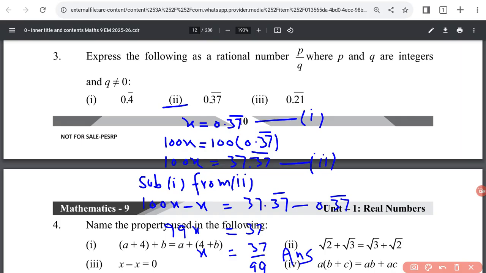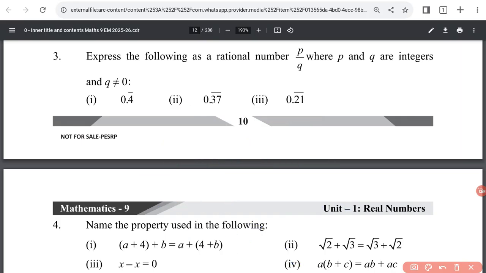Okay students, now we move towards part 3 of this question, that is 0.21 bar. So let x is equal to 0.21 bar.